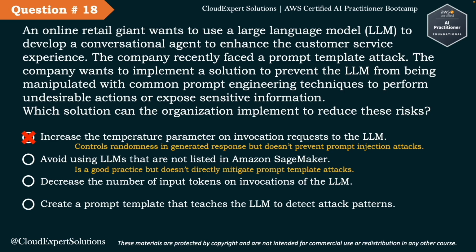That is why option number 2 is not correct. Option number 3, decrease the number of input tokens on invocation of the LLM. Limiting token count will reduce context length, but it will not prevent malicious instructions from being included in the prompt. That is why this is not relevant to the ask and it's not a correct option.